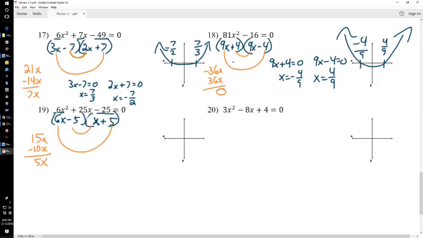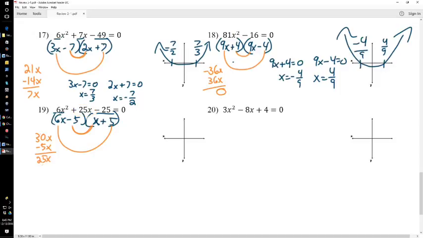So again, when I do outside, inside, give myself some space. So outside, 6x times 5, you get 30x. Inside, negative 5 times x, negative 5x. And hopefully you can already see that 30 minus 5 is indeed 25x. Yay, that's my middle term. That's the one I've wanted all along.